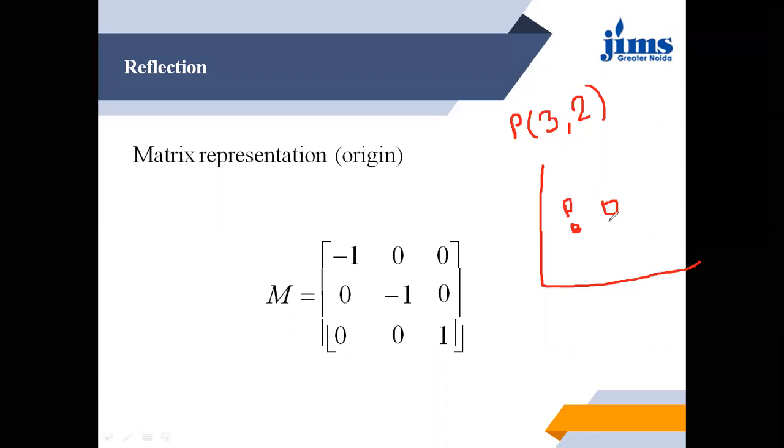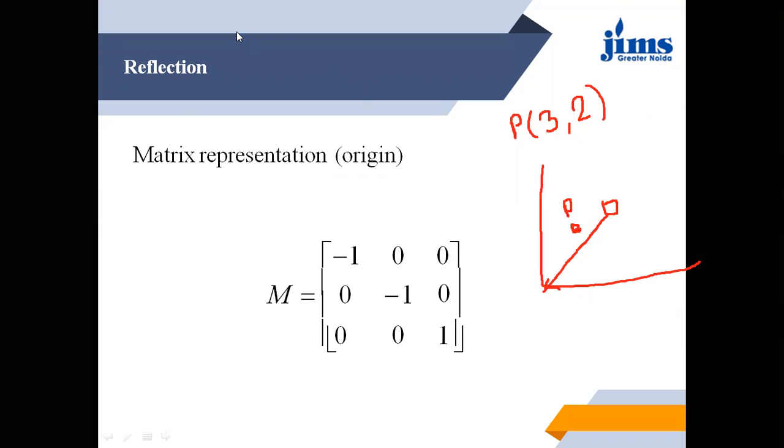So what will we do? First, we will translate this object from here to the origin. Then after that we will do the reflection at the origin, as we discussed over here. The matrix of reflection at the origin is this one, and again we will translate by the same value.